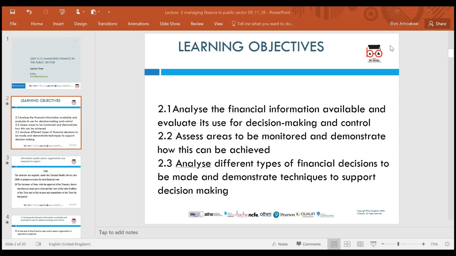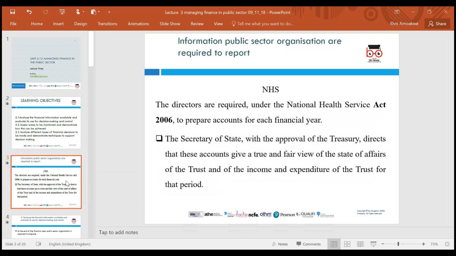Let's look at our second slide. Right. Because it's health and social care, we are not going to use the financial statements of any other company.